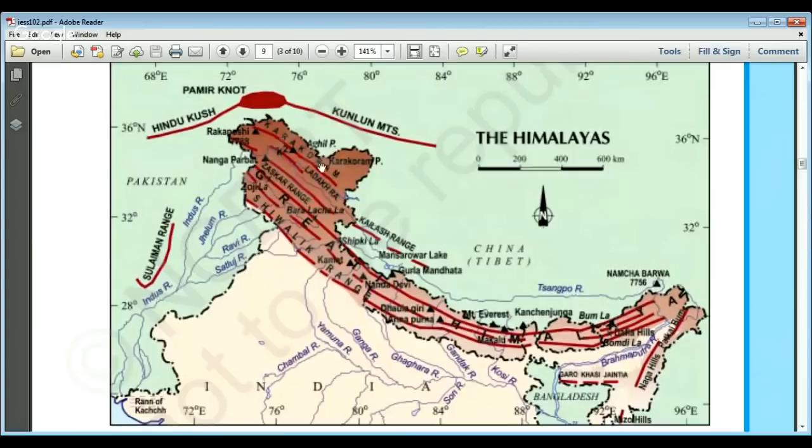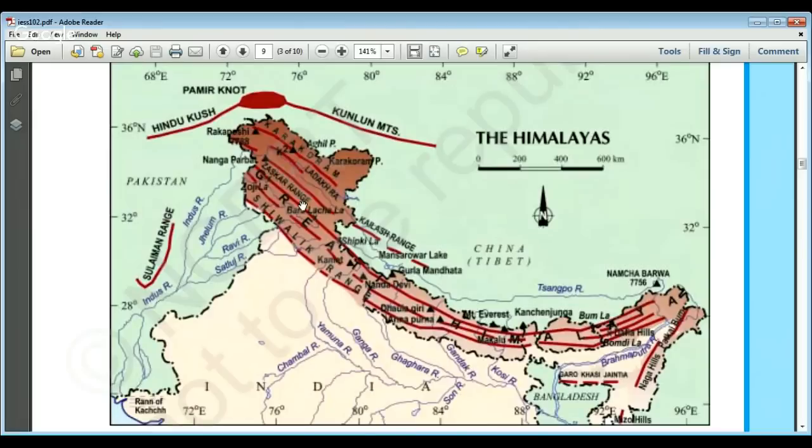Then there are various ranges in the Himalayas and in the Jammu Kashmir region, like the Karakoram range, then the Ladakh, then Zanskar, then the Great Himalaya range. The mountains which are above the Great Himalaya are known as the Trans Himalaya, and the Himalaya can be differentiated into three parts also.